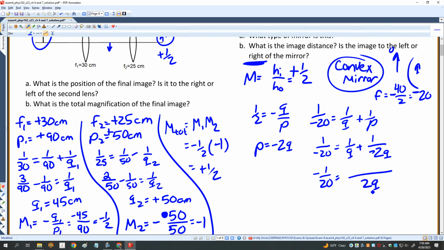It's going to be 2 minus 1 over negative 2q equals 1 over negative 20. So q is equal to negative 10 centimeters. So that's the answer, negative 10 centimeters, to the right of the mirror.